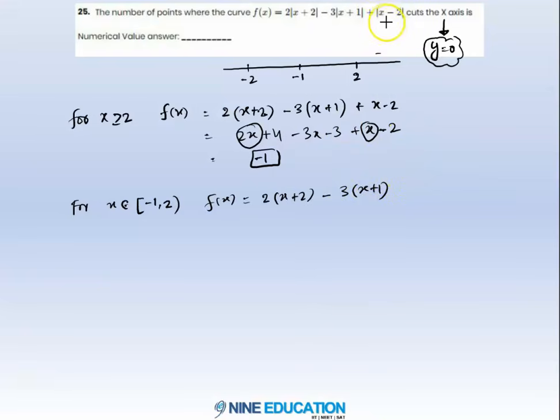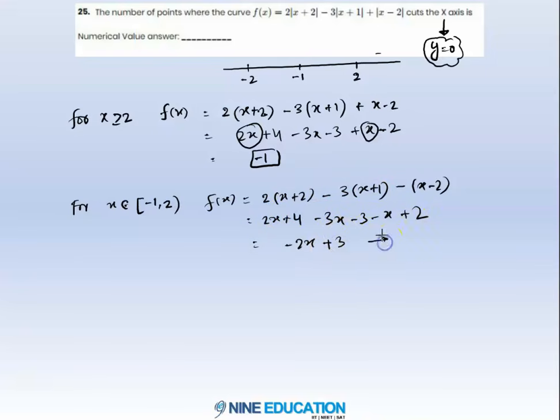But the last mod, if I use anything between minus 1 and 2, let's suppose 0, it will become negative, so it has to open with a minus sign. So let me solve this. This is 2x plus 4 minus 3x minus 3 minus x plus 2. So 2x minus x is x, minus 3x gives minus 2x, and 4 plus 2 is 6. 6 minus 3 is plus 3.